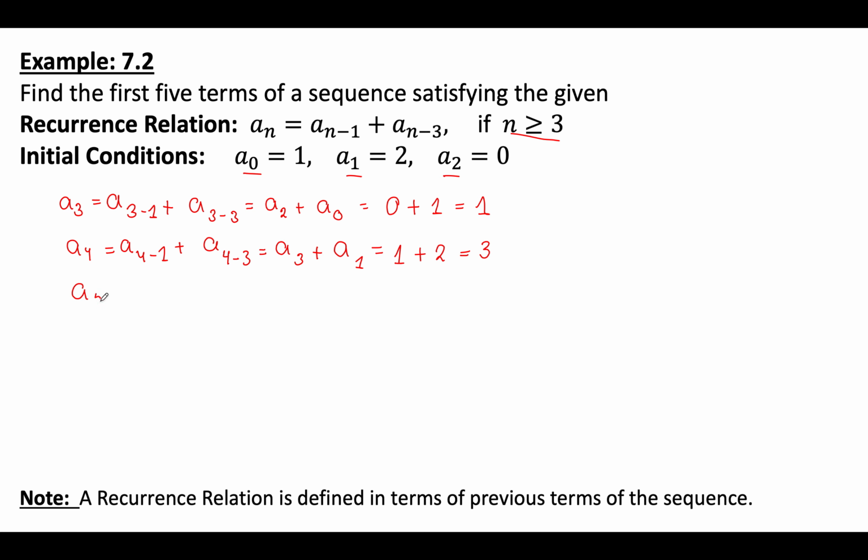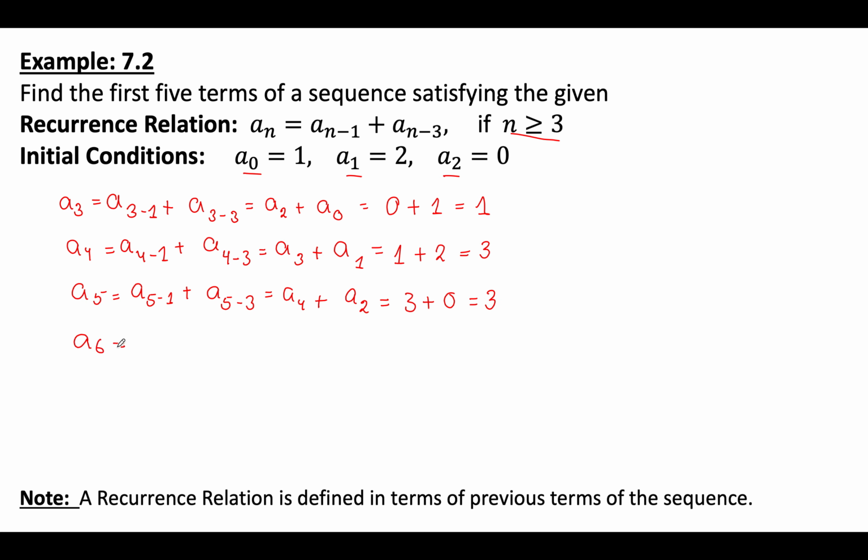All right, A5 is equal to A(5-1) plus A(5-3). 5 minus 1 is A4, plus 5 minus 3 is A2. The value of A4 is equal to 3 and the value of A2 is equal to 0, and 3 plus 0 is 3.